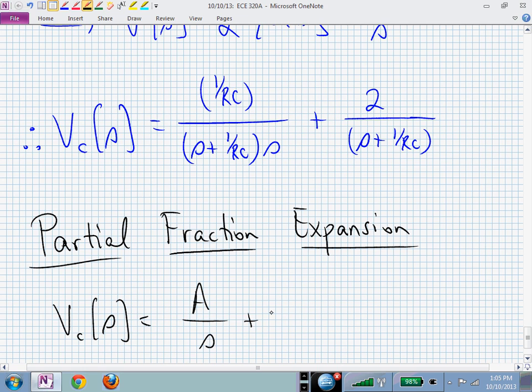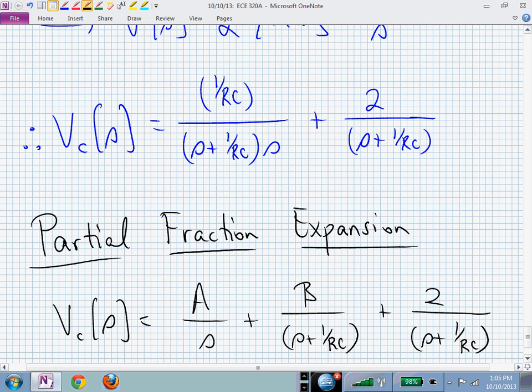Let me do it this way. Is that okay? We have two terms. They're all depending on how the denominator factors, and it's already factored for us.